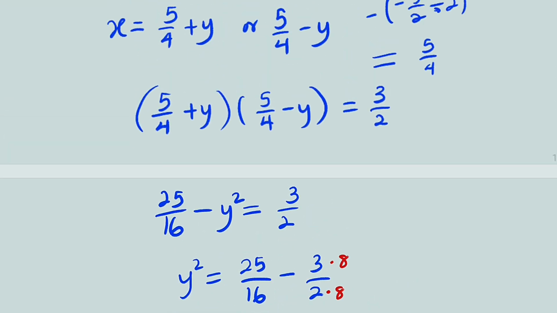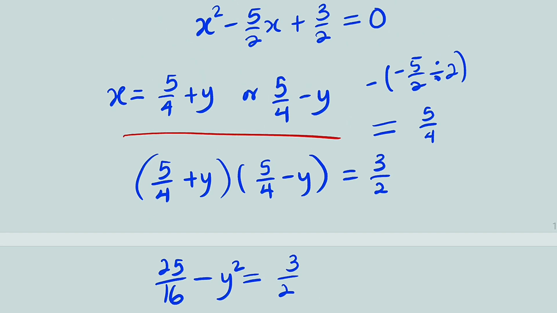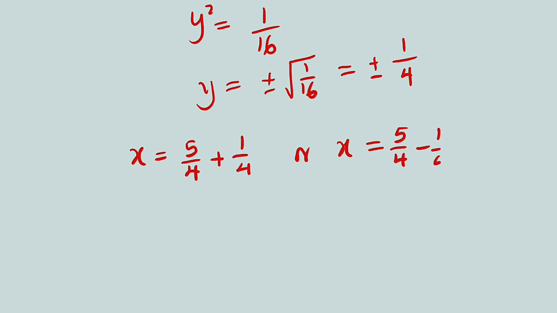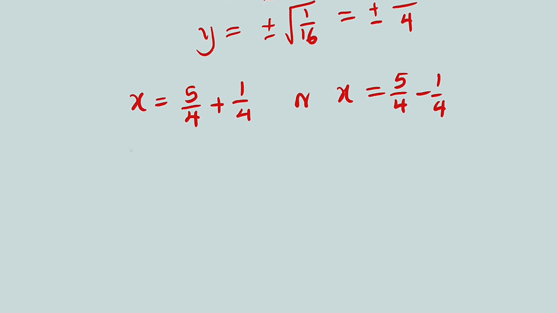Let's plug it back into our roots. These are roots: 5 over 4 plus y. X is either equal to 5 over 4 plus 1 over 4, or x equal to 5 over 4 minus 1 over 4, right?